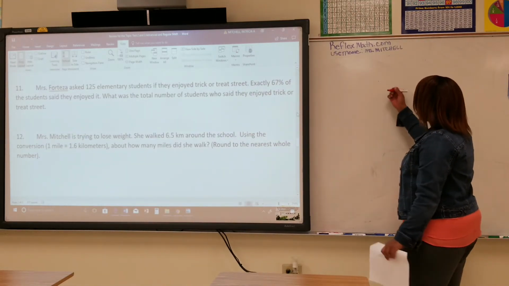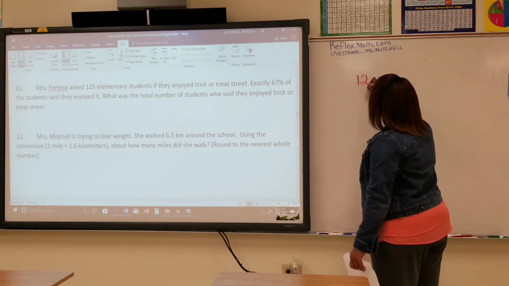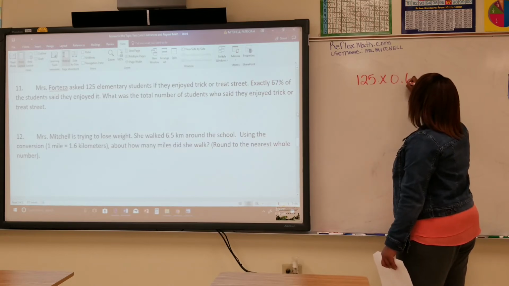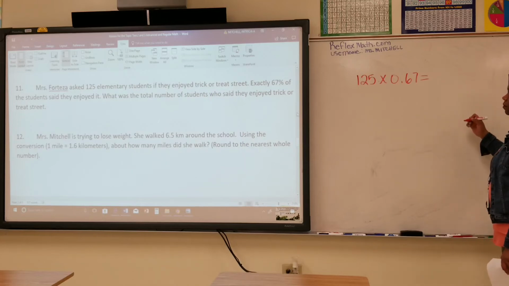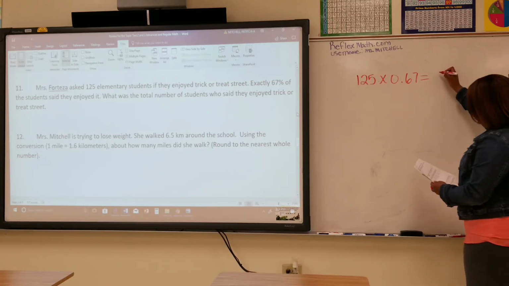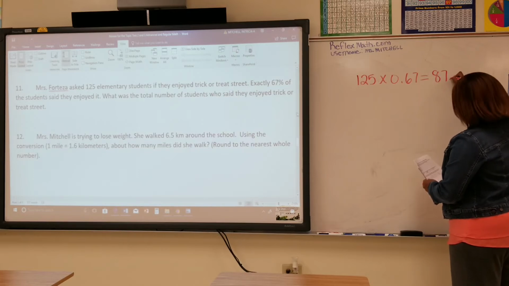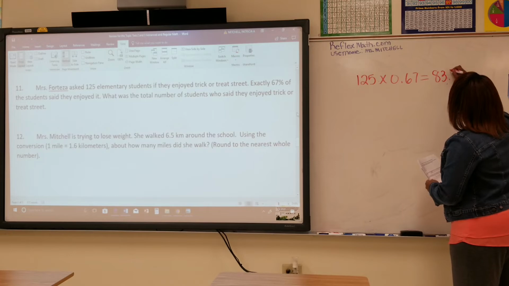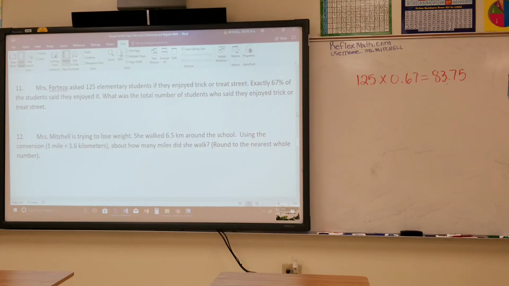So how do we do that? We multiply. We multiply 125 times 0.67. And when we do that, we get 83.75. Now, we're talking about people, students.